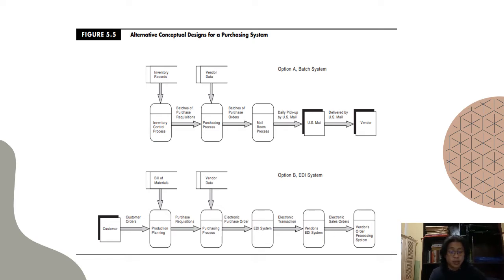It is premature at this point to attempt to evaluate the relative merits of these alternatives. This is done formally in the next phase in the systems development life cycle. At this point, system designers are concerned only with identifying plausible system designs.